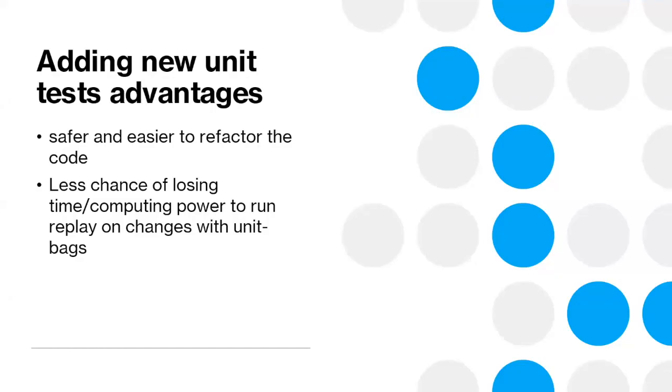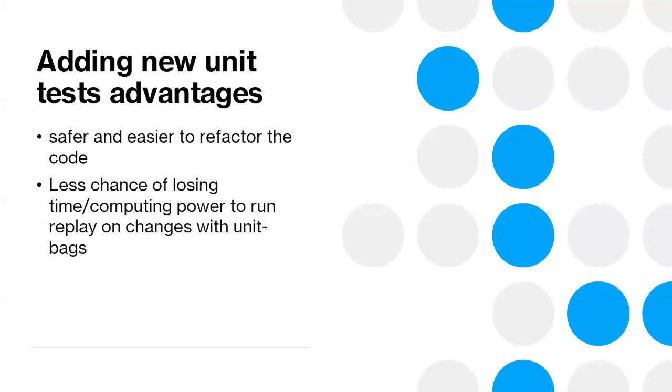So the new plan was to add new unit tests that can help to refactor the code safer and easier and detect these problems before running replay tests, so we can change something so the errors go away without running replay tests and waiting for some time.